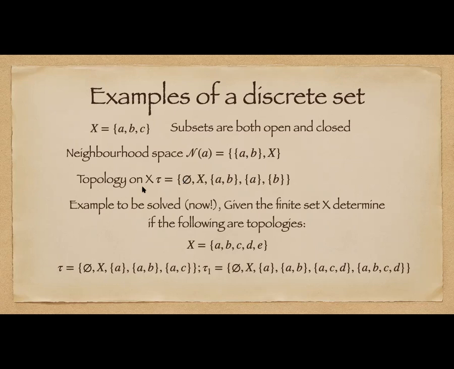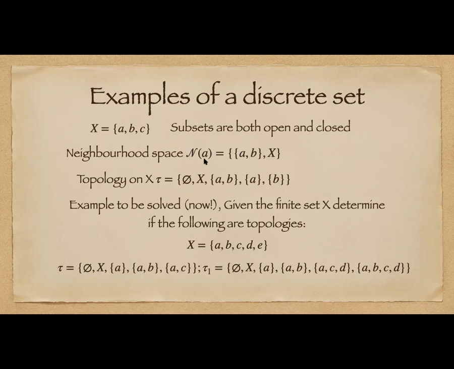Okay. Now, if you want to define a topology on X, that is not the same as this, because the topology, from the 3 axioms which we use to define the structure, comprises a collection of subsets of X. This was also a collection of subsets of X, but this was not a topology.